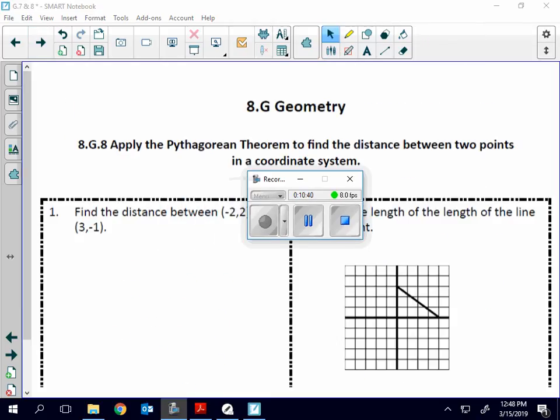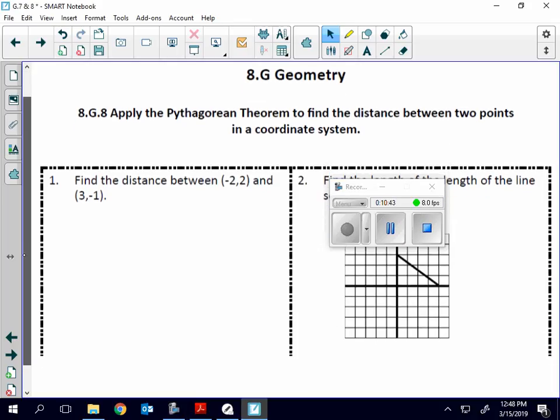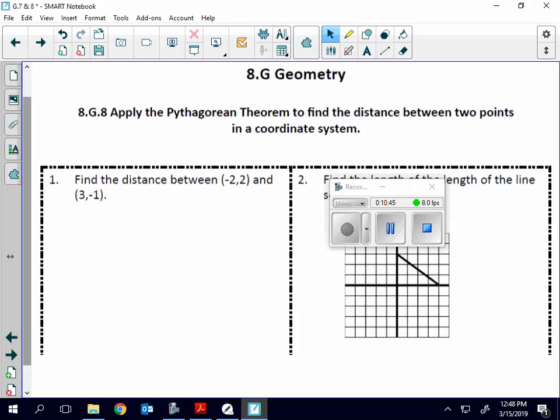All right, next page, the distance formula. Find the distance between -2, 2 and 3, -1. Now you could definitely take a piece of graph paper, graph the 2 points, and use Pythagorean theorem. That's absolutely fine. The distance formula, if you remember, comes from Pythagorean theorem. We are going to use the distance formula.